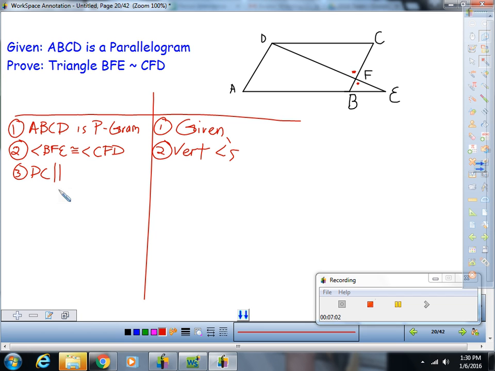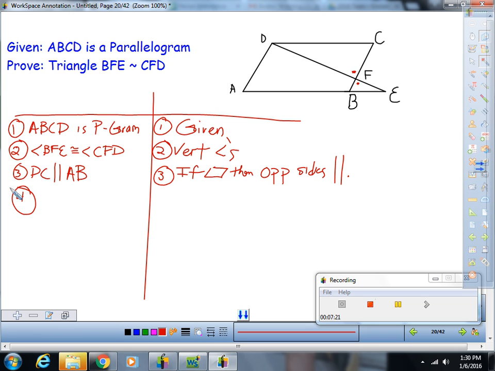DC is parallel to AB. And that would be if parallelogram, then opposite sides parallel.